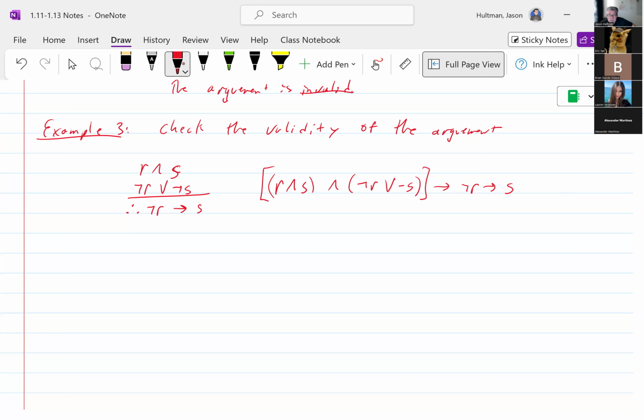So the reason is that the hypotheses together are always false. This thing here is always false. Which means that it's valid. I can never get a true goes to false here. Okay, it's always false. Why would that be always false?